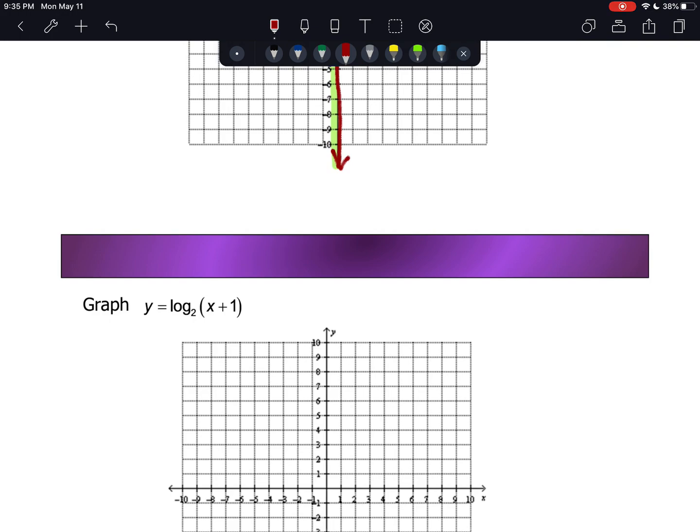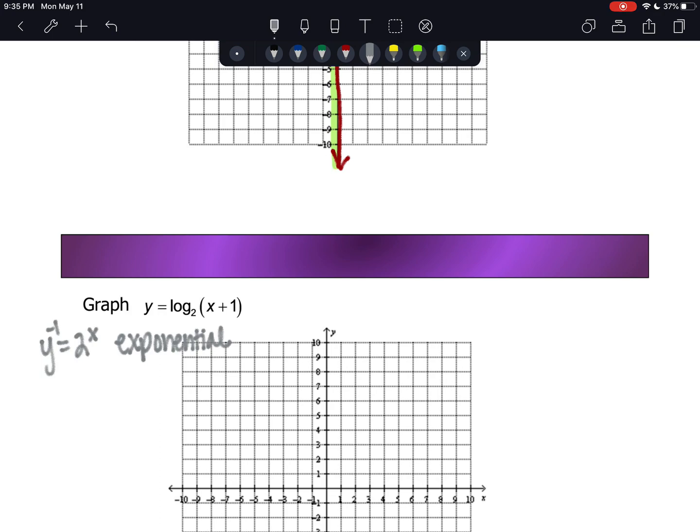Okay, our next, we're going to go straight to y equals log base 2 of x plus 1. So the first step is, let's graph y equals 2 to the x. So let's graph the exponential inverse, right? So we're going to graph the exponential.